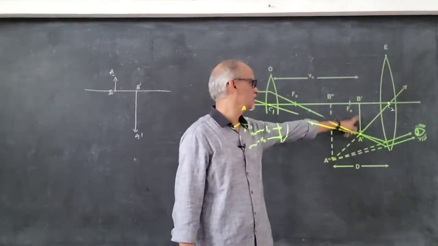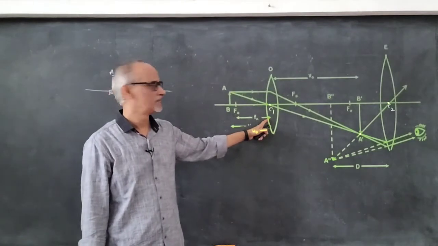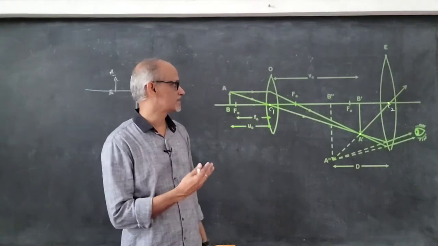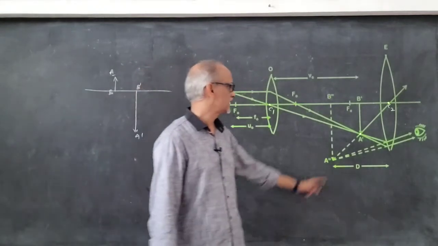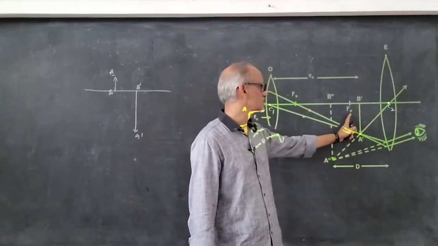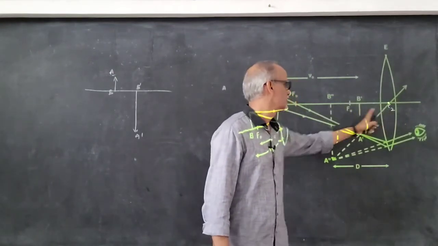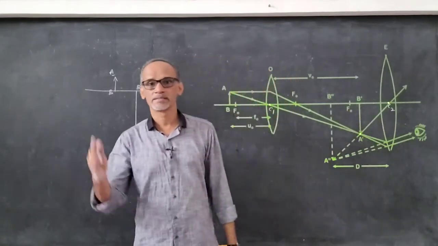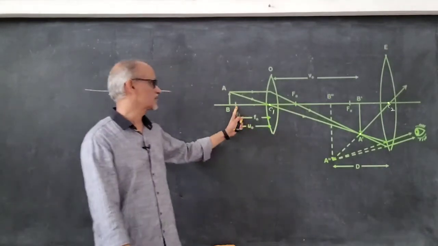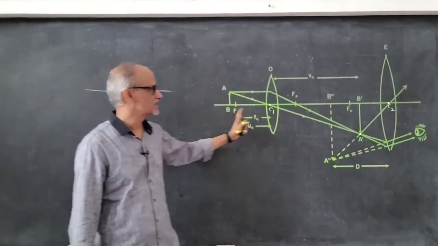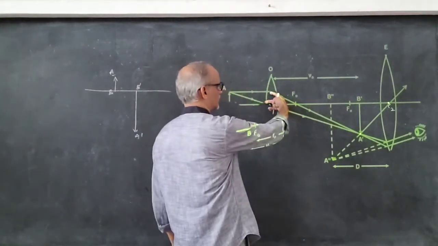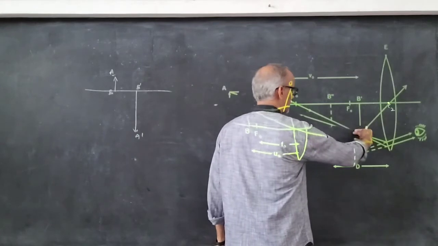A dash B dash is the image for the objective, but it acts as the object for the eyepiece, and its position is adjusted so that it lies within the principal focus of the eyepiece. So this is FE, see, it's placed between C2 and FE. It's adjusted within, not beyond. Here it is adjusted beyond the principal focus. It's adjusted within.